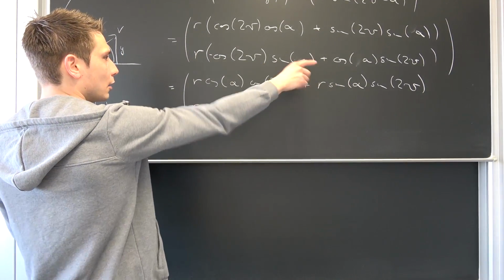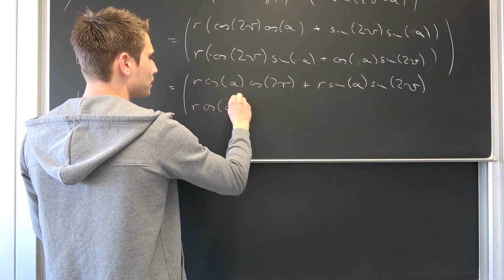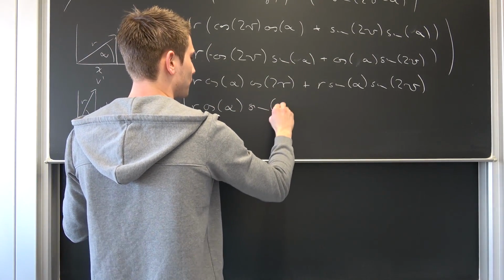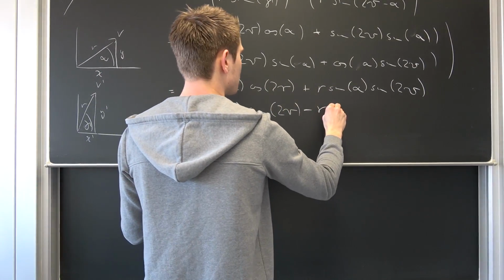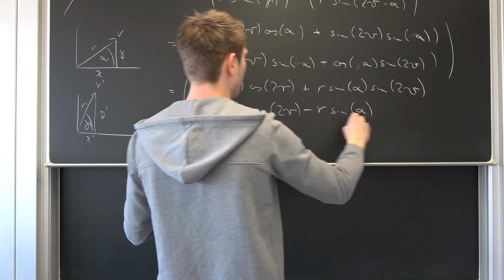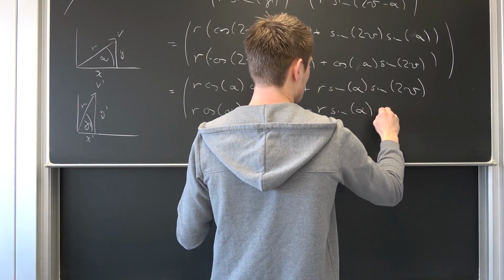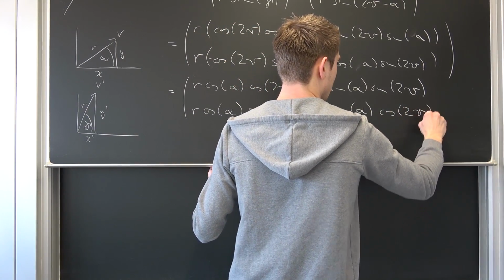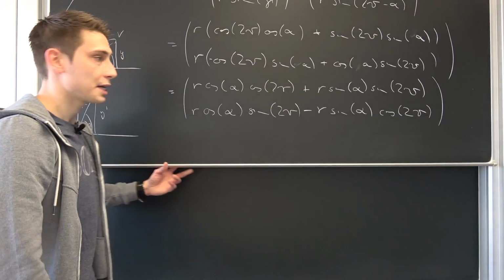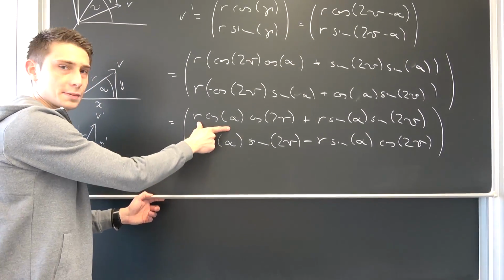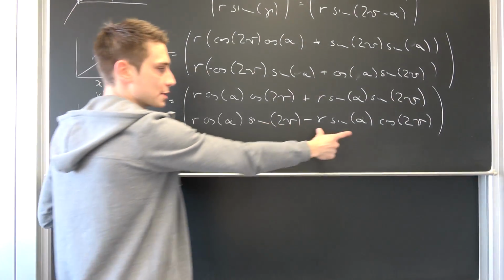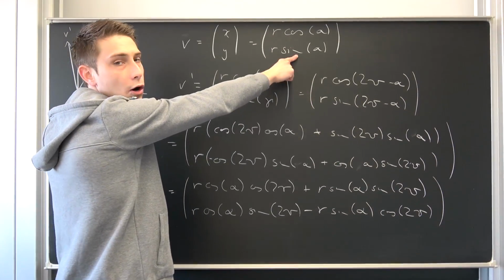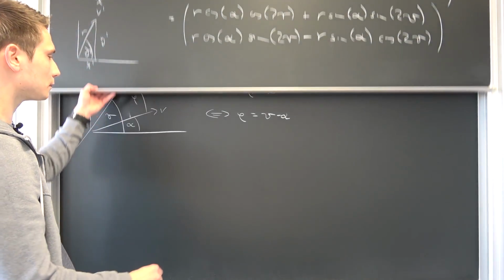This is nothing but r times the cosine of alpha times the sine of 2 times theta, negative r times the sine of alpha times the cosine of 2 times theta. That's actually quite good because r times the cosine of alpha is nothing but our original x coordinate and r times the sine of alpha is nothing but our original y coordinate.